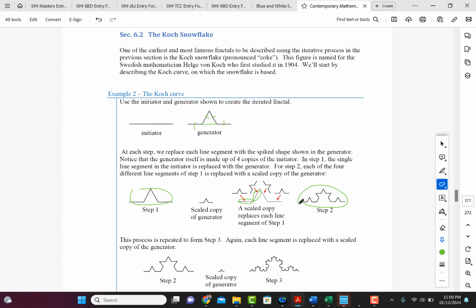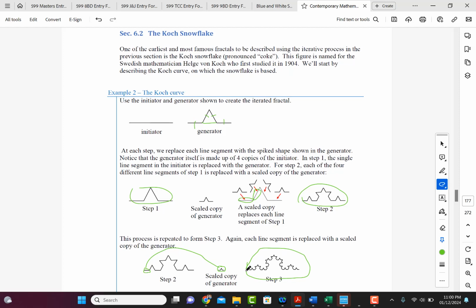And then we're going to continue the process the same way. Now on each one of these legs we're going to do the same thing. We're going to replace each one of these legs with that. And so when we do that, we get step 3, which looks like that. And this is the Koch curve.